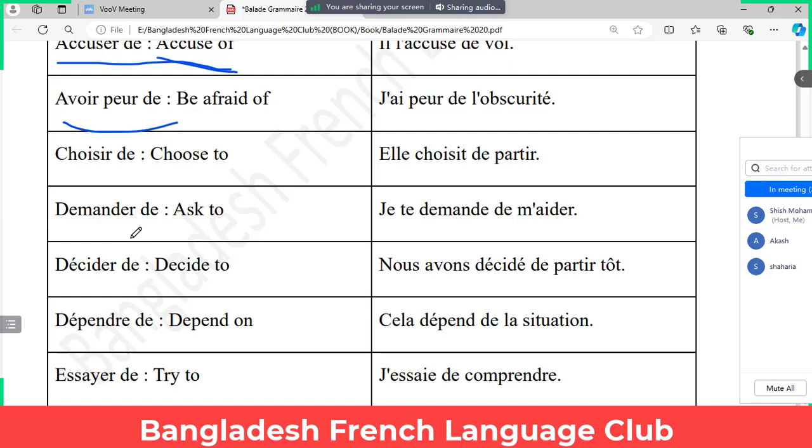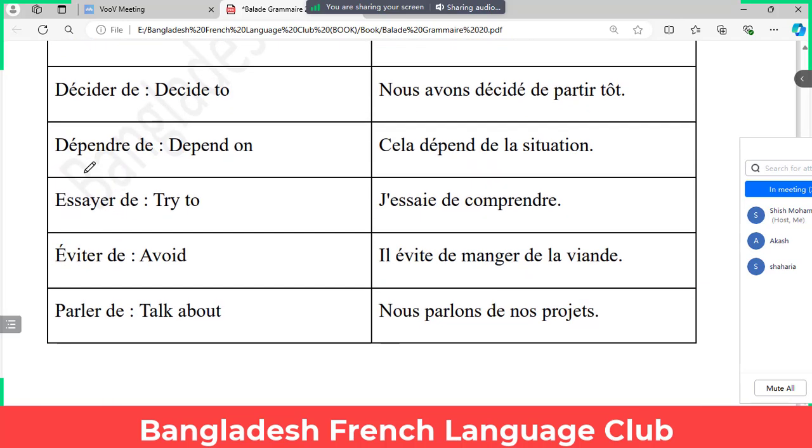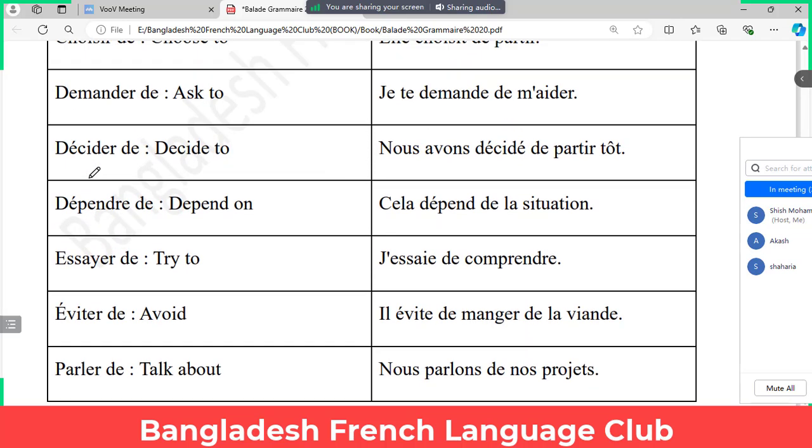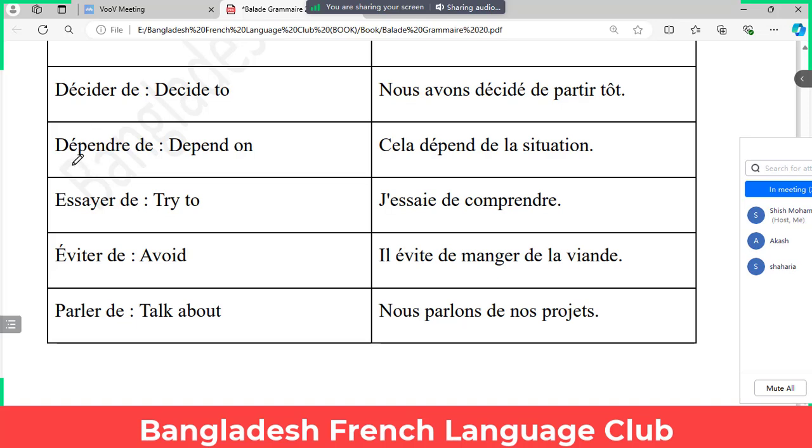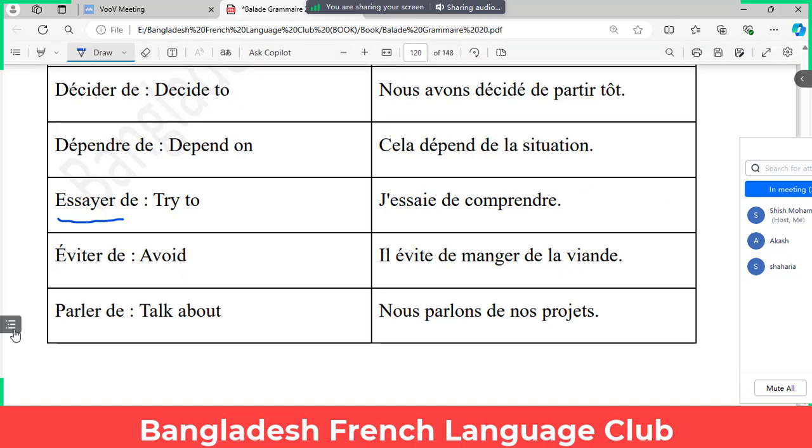Décider de means decide to. Right. Dépendre de. To depend on. Essayer de. Right. Éviter de. Parler de. Right.